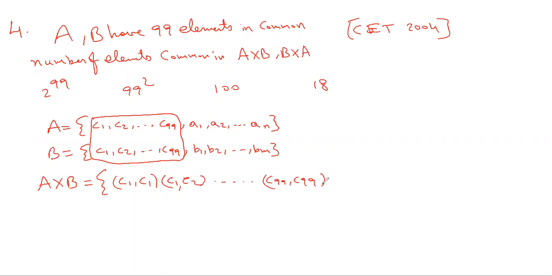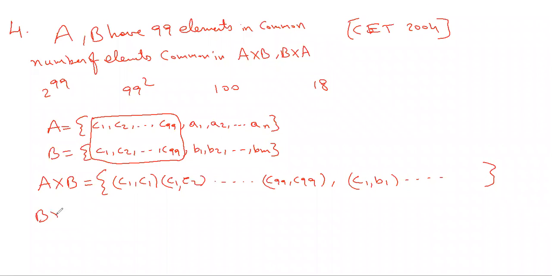For your understanding, I'm writing all these steps. Otherwise, you can directly come up with the conclusion. The remaining are C with the second elements, B or something like that. The C1 with B1 or many other elements you will have.